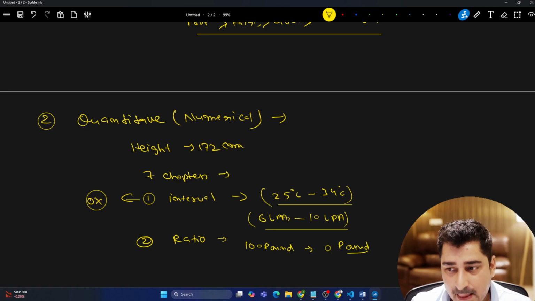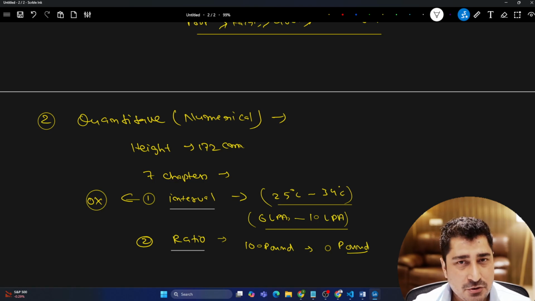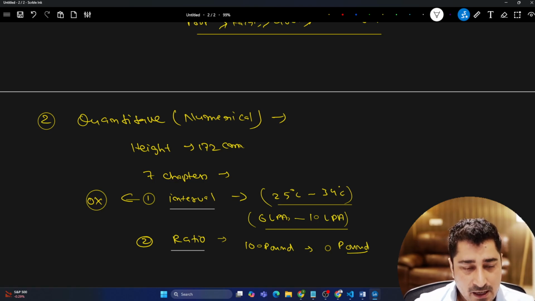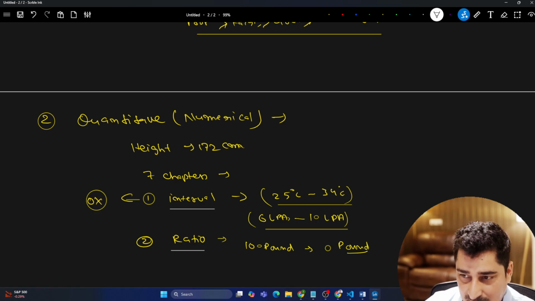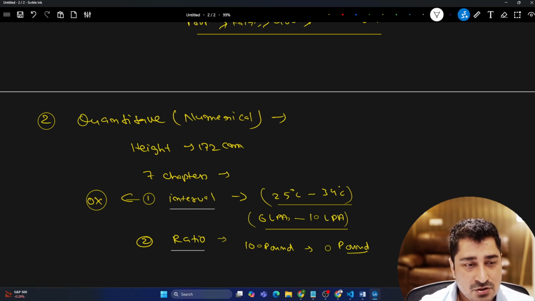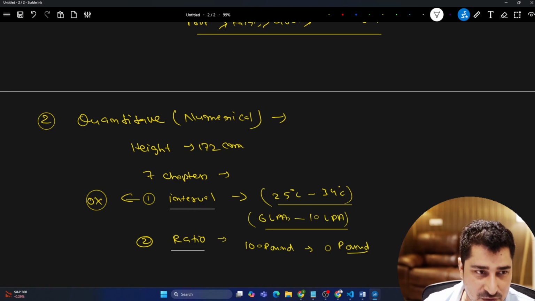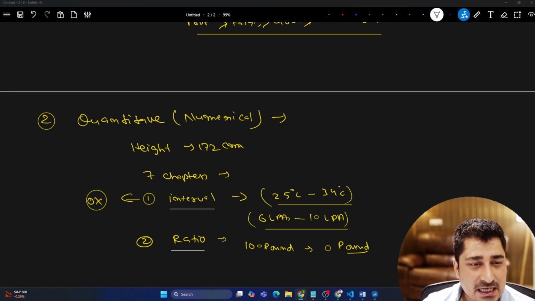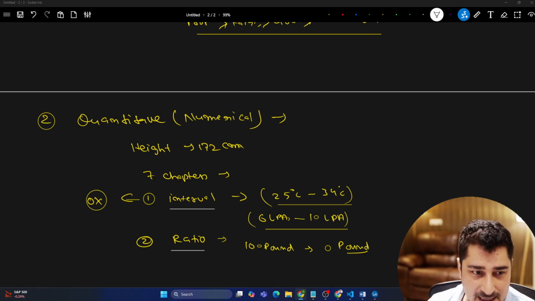Inside quantitative, we are talking about interval and ratio. Where does continuous data and where does discrete data come into the picture? Whenever we are talking about an interval, we always talk about continuous values. Now, what are continuous values, by the way?